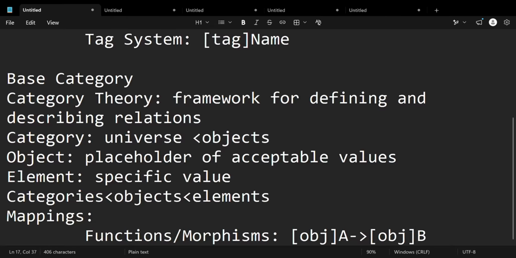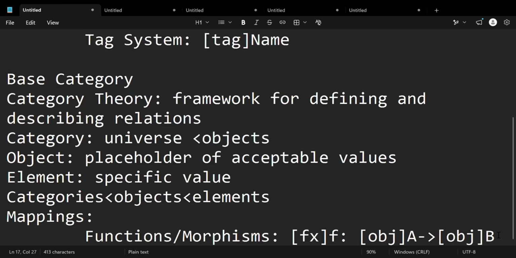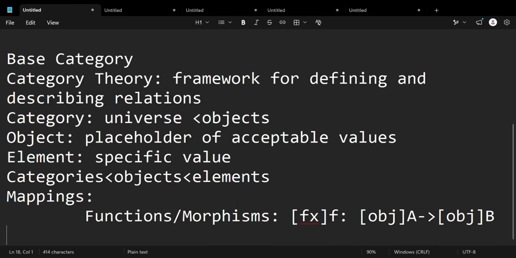So this is just one way of using the tag system. Here is an example of a definition where we define the function f as relating object A to object B. That's just one example of a definition and a mapping.